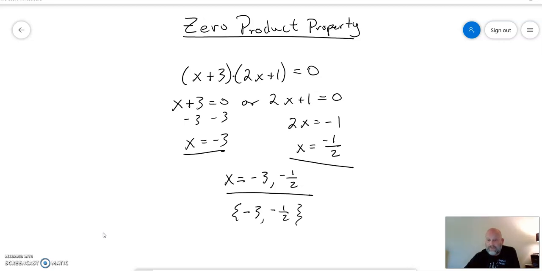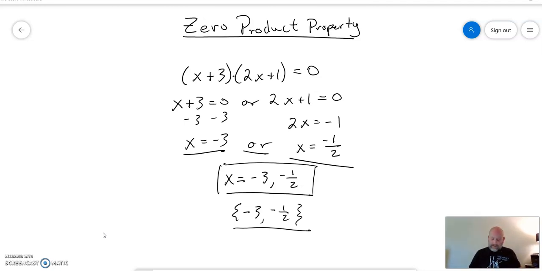Those are all different ways of representing the solution. You can either put it in set notation, collecting it together as a solution set, you can list them, or you can write each of them separately. And technically, there really should be an or between those two solutions if you're going to write it that way.